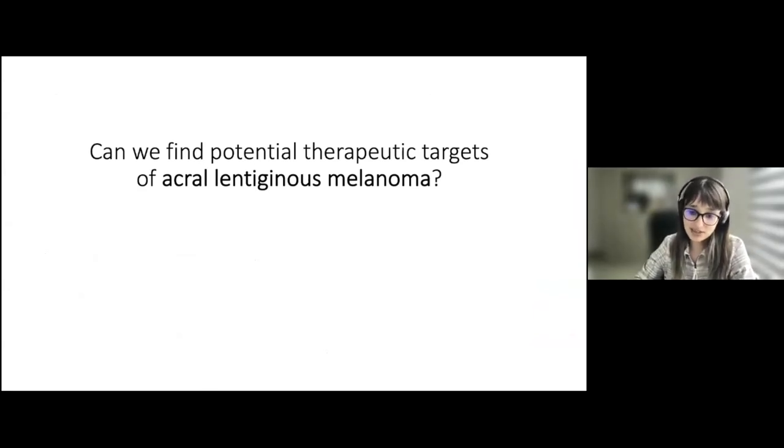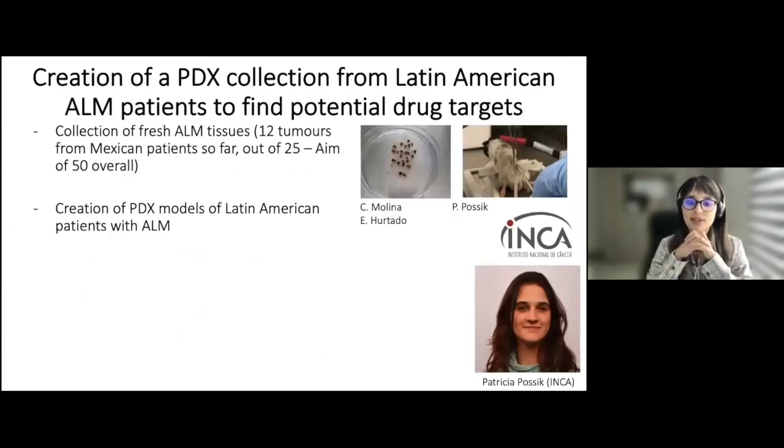So we're doing that. And finally, we also have this question: if we can find potential therapeutic targets of this subtype of melanoma that I was telling you doesn't have many therapeutic options. So for this, we teamed up with Patricia Posick, who is at the National Cancer Institute of Brazil, to collect fresh tissue from patients. Because before I showed you it was FFPE, and this is fresh tissue.